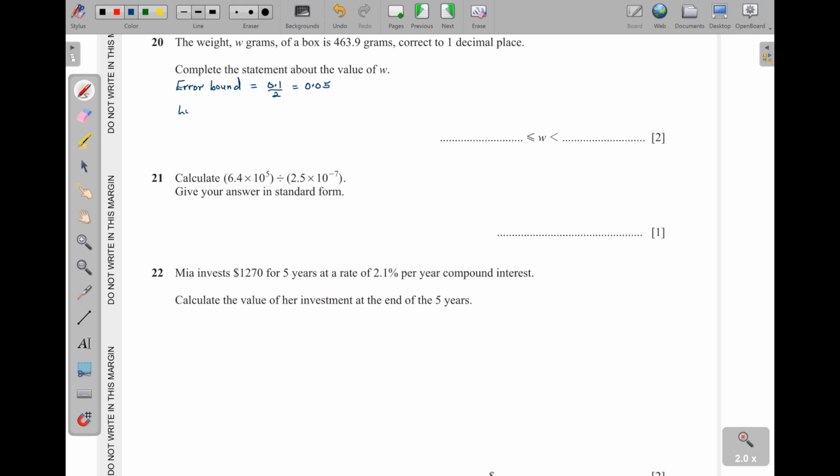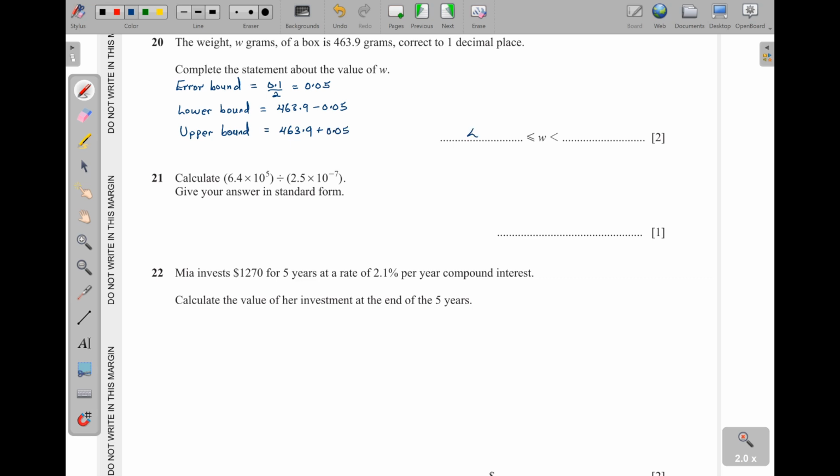And then to get the lower bound, we take our number, 463.9, and subtract the 0.05. To get the upper bound, we take 463.9 and add 0.05.